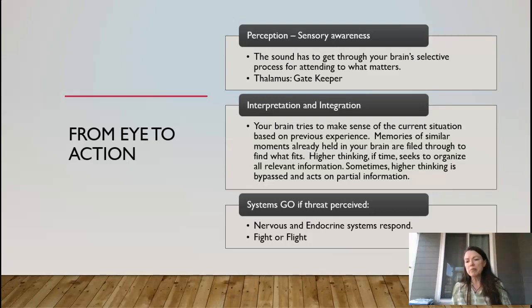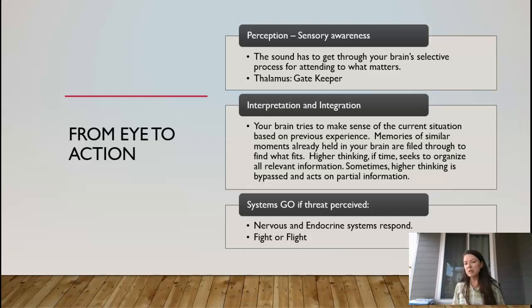It's going to decide what's important enough to pay attention to, in a way, and it's going to send the information to the part of the brain that's responsible for it.